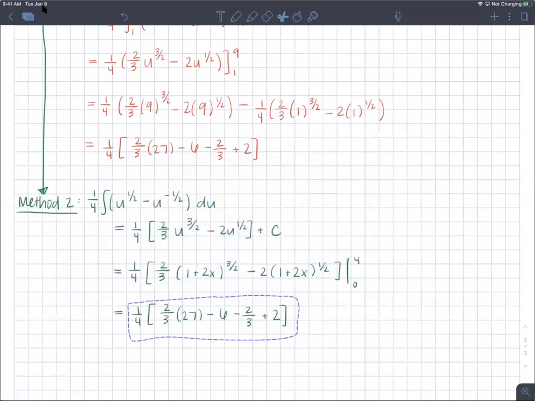Did anybody do this yet? Did you guys find an answer for this? Also, keep in mind, this one is going to be a little bit more complicated than this one.